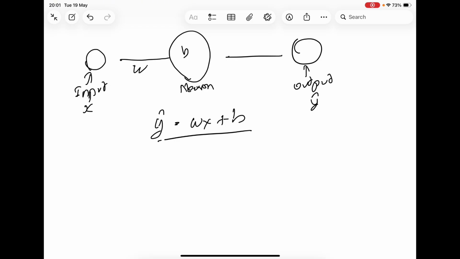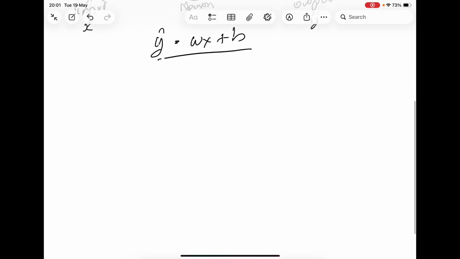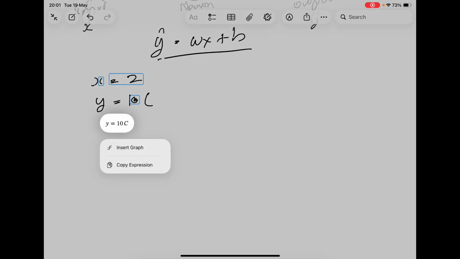Let's say our input x is 2, and y is 10. What do we mean by y? It means the real number, right?